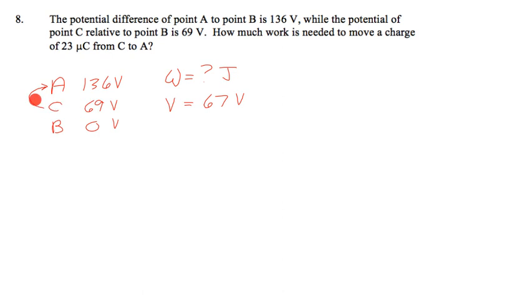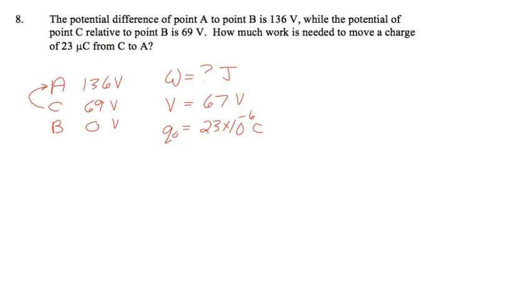So to go from there to there, I have to go up 67 volts. So there's my V. They also gave me the charge. So the charge in the problem, Q0, is 23 microcoulombs. So 23 microcoulombs, I'm going to write that as 23 times 10 to the negative 6 coulombs.